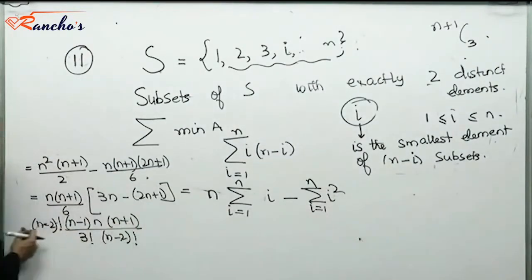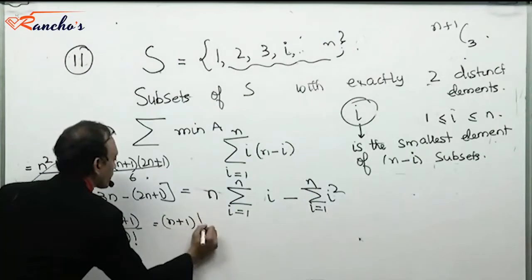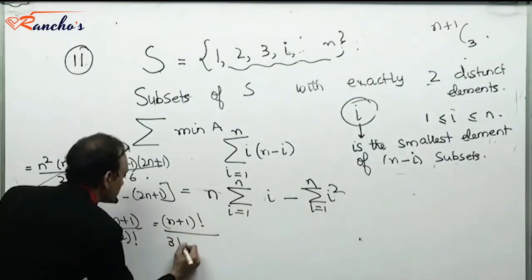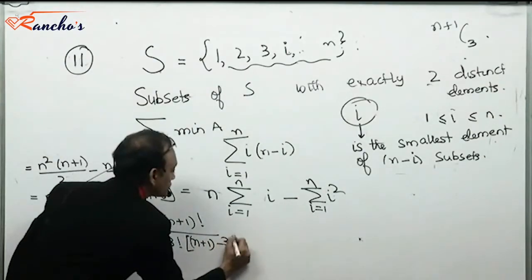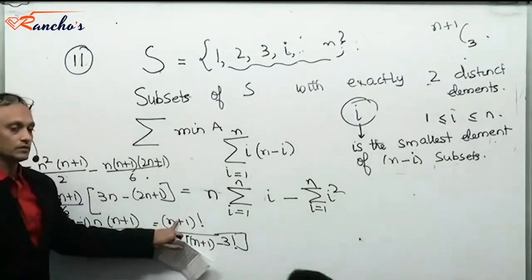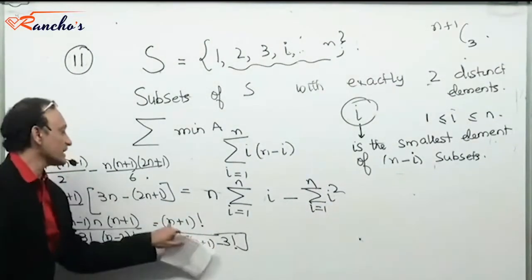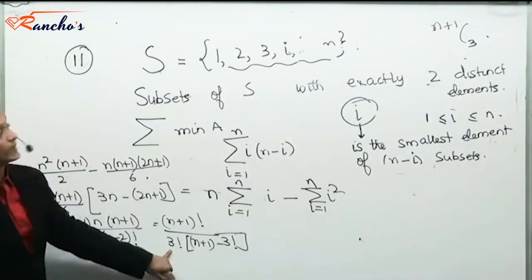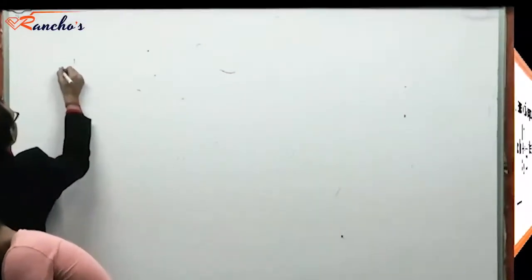So this becomes n plus 1 factorial by 3 factorial into n plus 1 minus 3 factorial. k factorial by r factorial into k minus r factorial is n plus 1 C3. That is what this reduces to. Number 12.